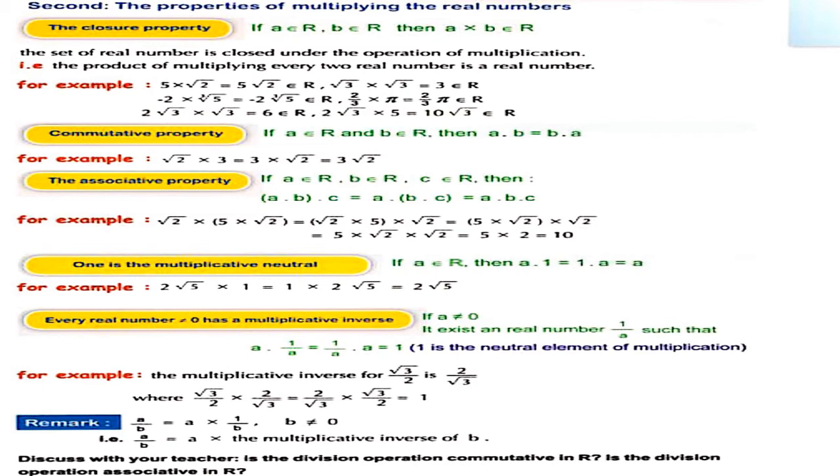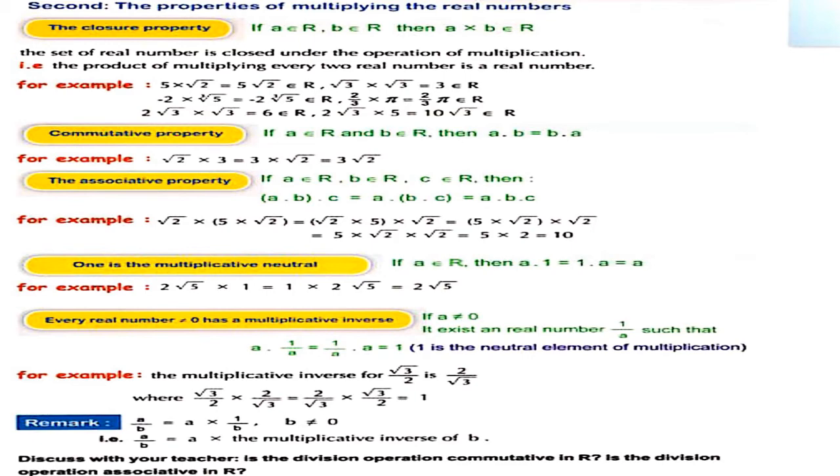Every real number has a multiplicative inverse. A multiplicative inverse means the reciprocal of this number, and a times 1 over a equals 1. For example, if I have square root 3 over 2, the multiplicative inverse will be 2 over square root 3.